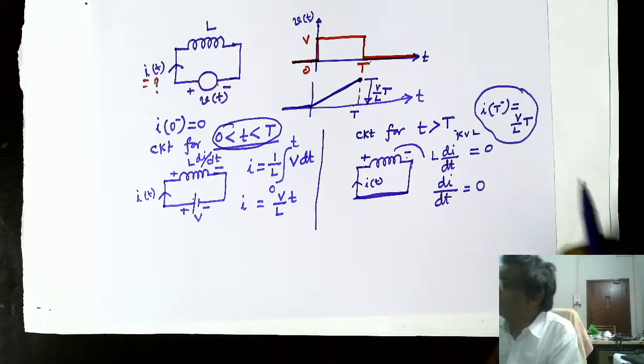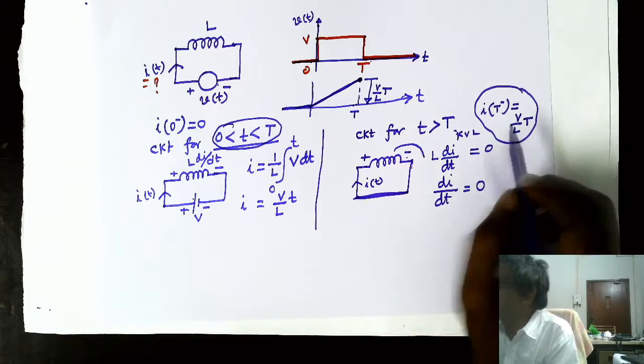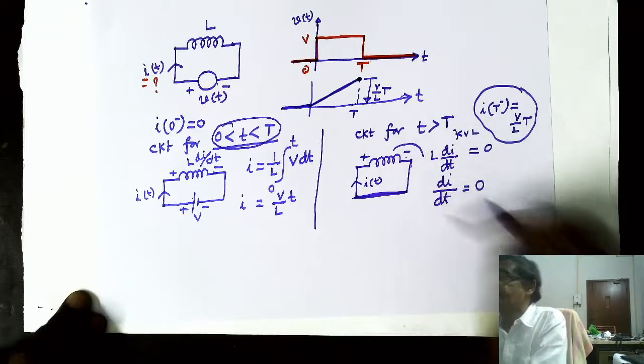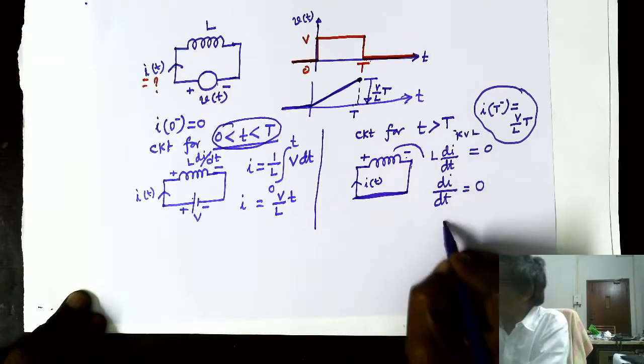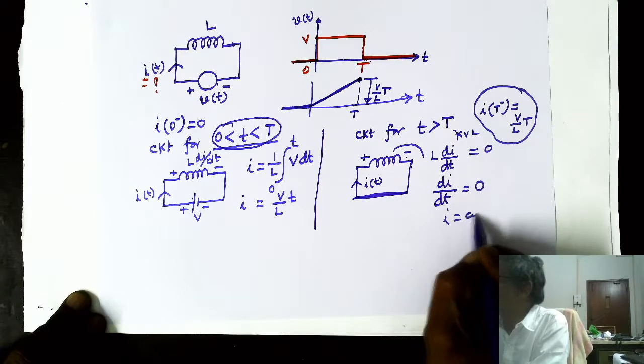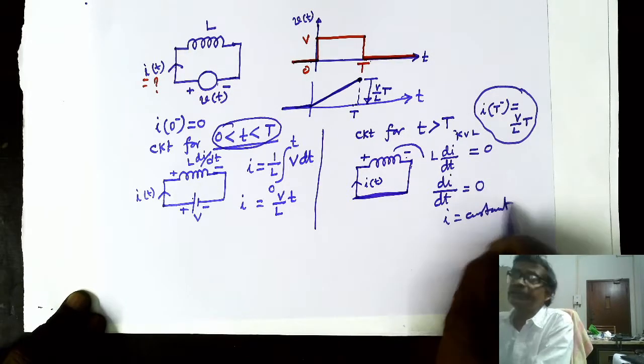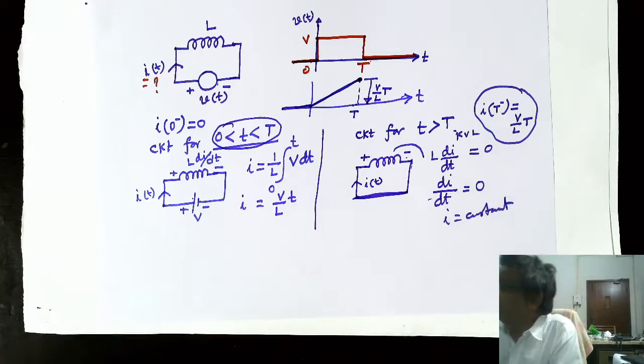Therefore, when you do this switching here, di/dt is 0, therefore i will be constant. It must be a constant number. And what is that constant number? You get it from the boundary condition.